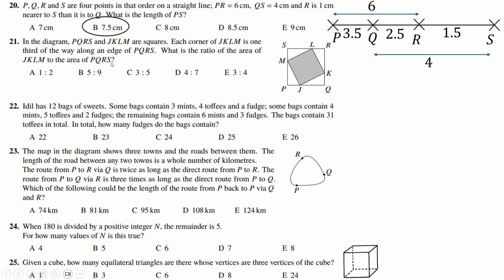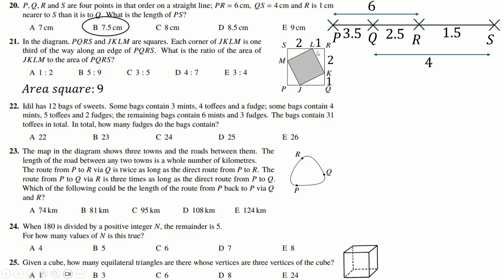So here we've got a ratio of, this corner is 1/3 of the way along this edge here, which means we may as well just call this distance here 1 and this distance here 2, because then this is a third the way along, because the whole side length is 3, right? And therefore this we can also call 2 centimeters and this 1 centimeter. And now we can literally just work with areas, right? So the area of the whole square is 3 times 3, because each length is 3, which is 9.